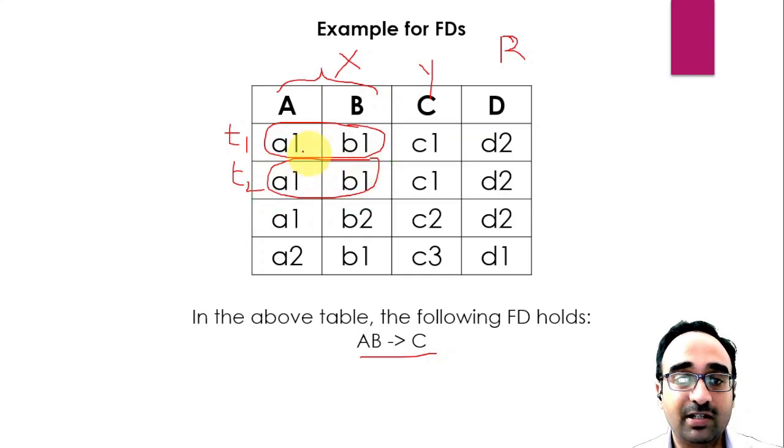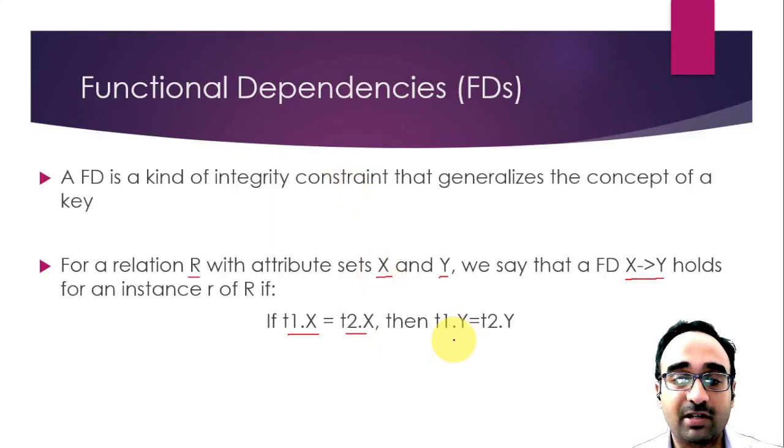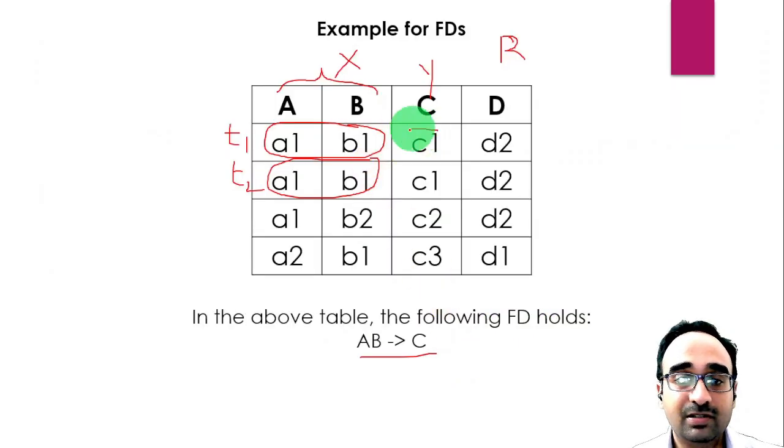So they are equal, right? a1 b1 is equal to a1 b1. So if that is the case, what should happen? Then t1.Y should be equal to t2.Y. So t1.Y means this should be equal to t2.Y means this. So all the things are satisfied. So we can say that there is a functional dependency from AB to C.